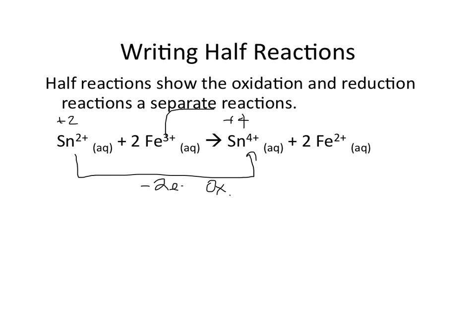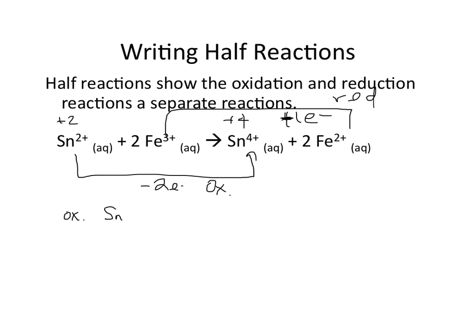Okay, and if we look at the transition from iron +3 to iron +2, notice that we have gained 1 electron. Okay, and so this is going to be your reduction step. So when I go to write that half reaction setup, I'm going to write my oxidation step.